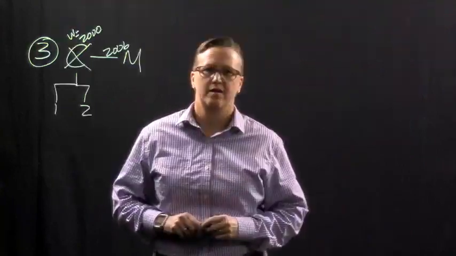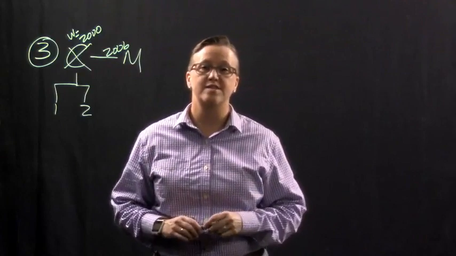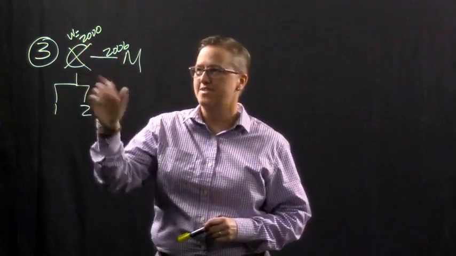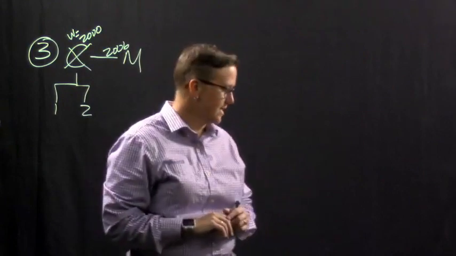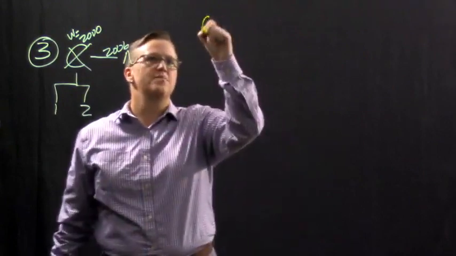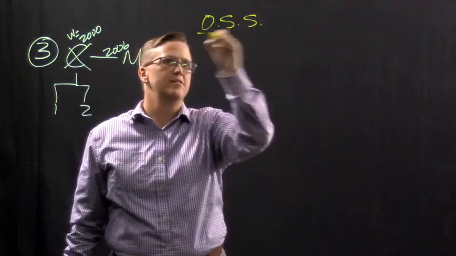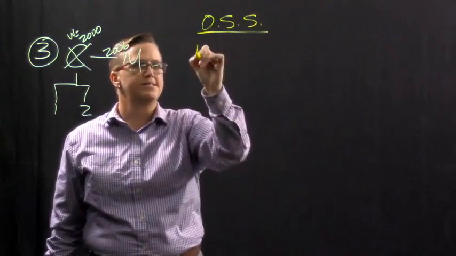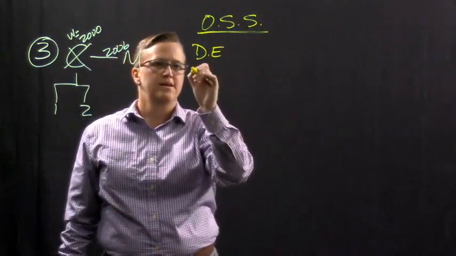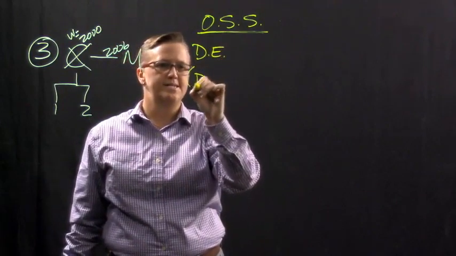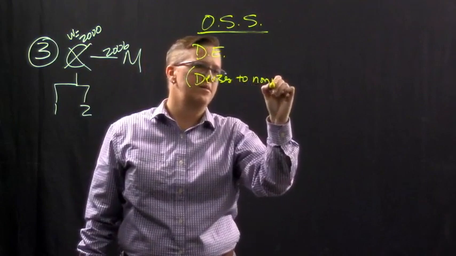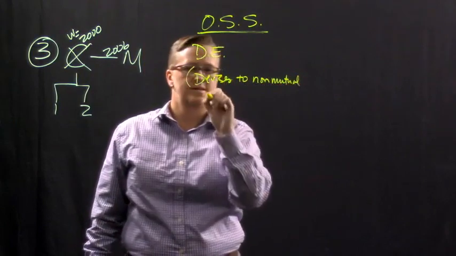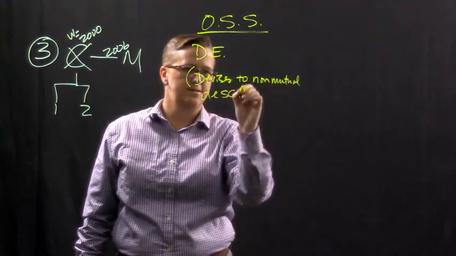Okay, I'm going to create some space, and we're going to calculate Molly's omitted spouse's share. So when we calculate Molly's omitted spouse's share, we know the formula is to take the distributable estate and subtract devises to non-mutual descendants.